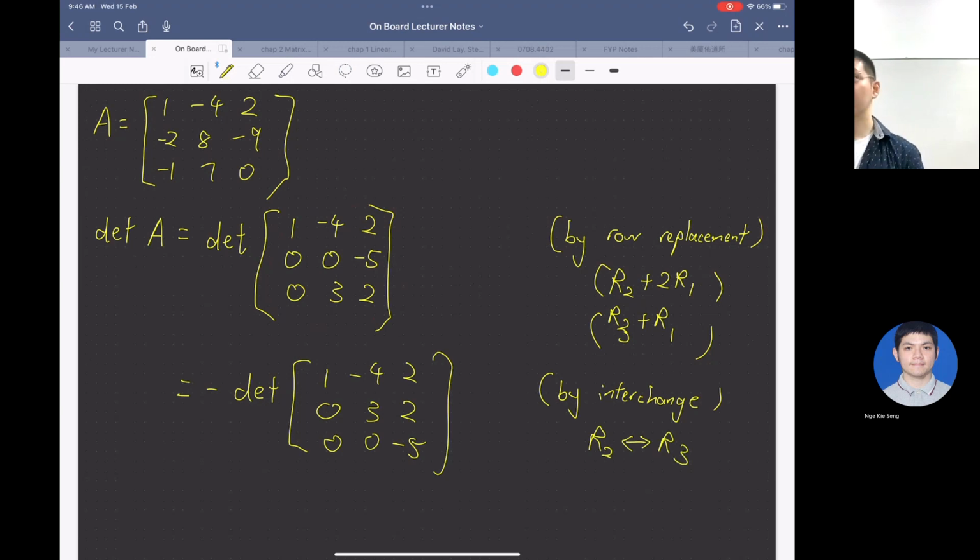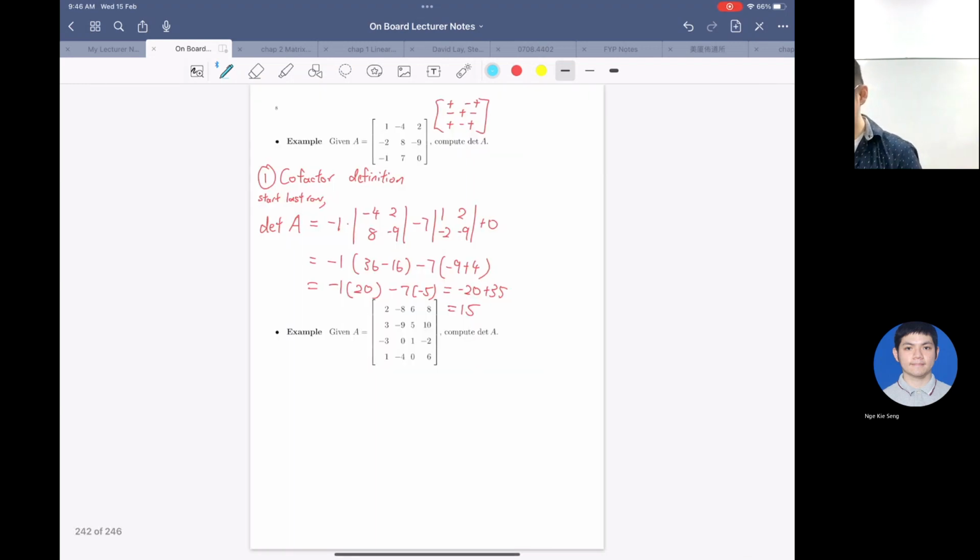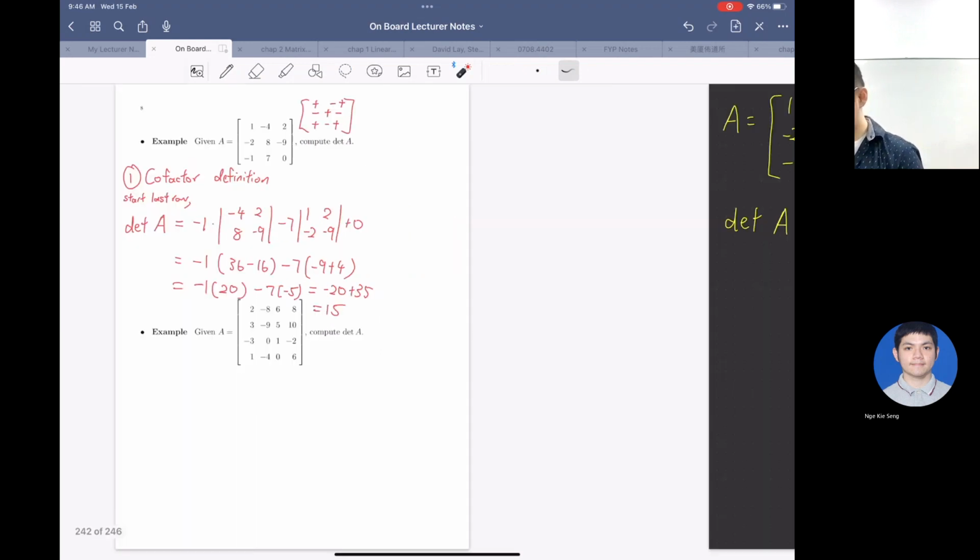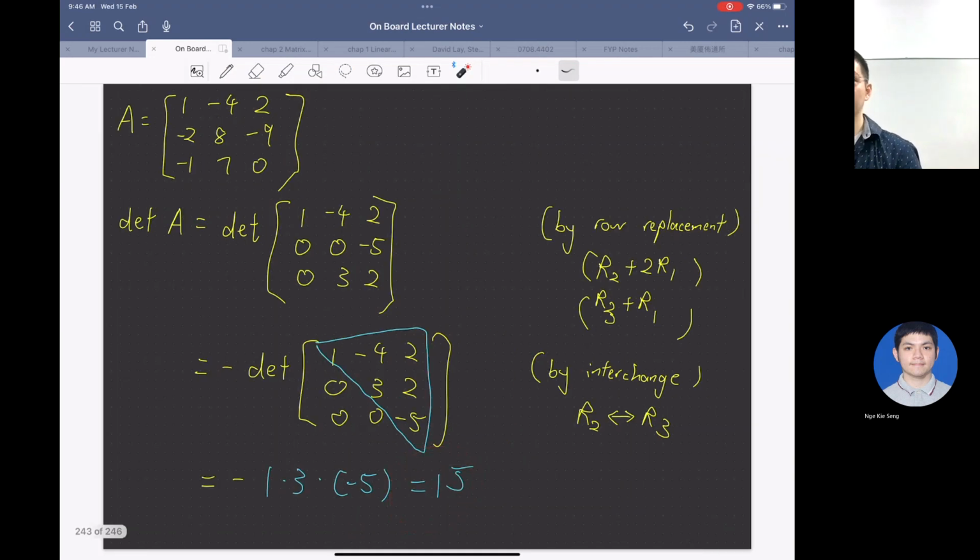From here it is easy, because it's a triangular matrix, upper triangular in particular. So we get 1 times 3 times 5. In the end, you get 15. Before, you also got 15, so in the end you also get 15. It's the same.